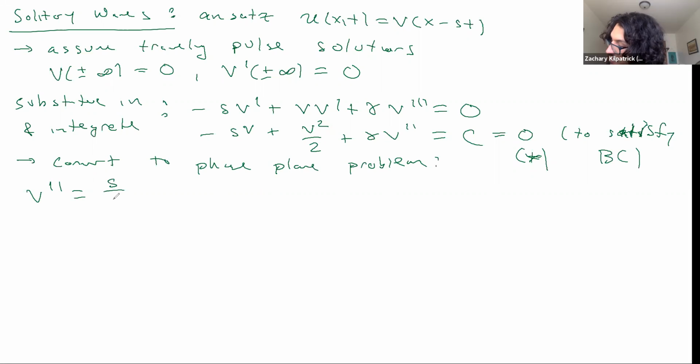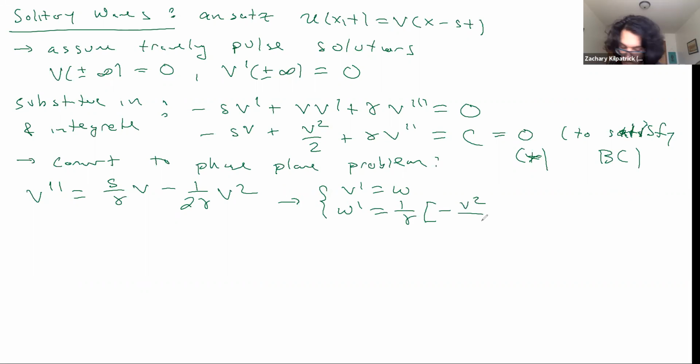So I get S divided by gamma V minus 1 over 2 gamma V squared. I can equivalently write this as the following. So I get V prime is equal to W, W prime is equal to 1 over gamma, and then I'll write it like this, minus V squared over 2 plus SV.